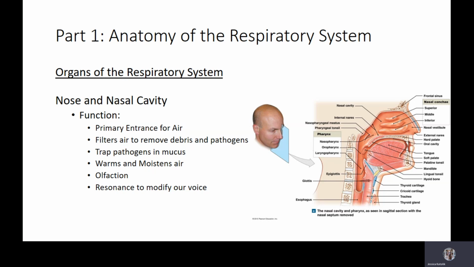The nasal conchae are curved, shell-like structures within the nose, and as air passes through, they will create turbulence and cause the air to spin as it's traveling through the nasal cavity. This spinning action and turbulence slows down the air as it's going through the nasal cavity, giving the air more time to be warmed and moistened.